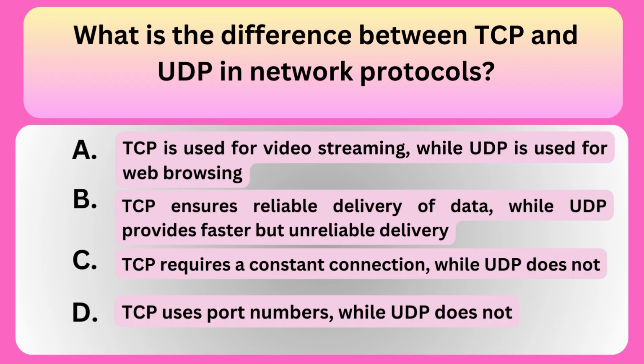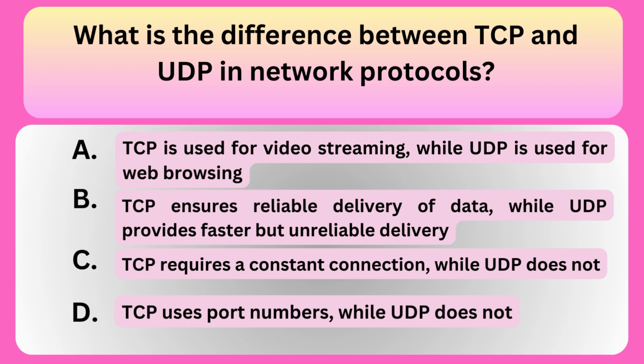What is the difference between TCP and UDP in network protocols? TCP is used for video streaming while UDP is used for web browsing. TCP ensures reliable delivery for data while UDP provides faster but unreliable delivery.